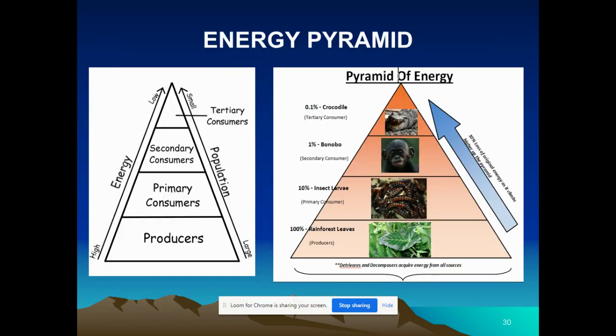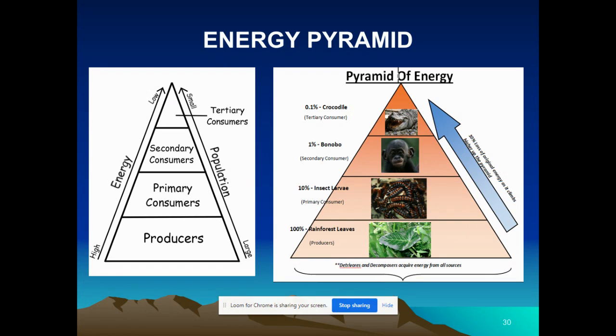Here's an example of a pyramid. The producers are on the bottom, and they're bigger, because there are more producers. You can see the percentages right here. The rainforest leaves have 100% of the energy, and only 10% goes to the insect larvae, the baby insects that eat the leaves.